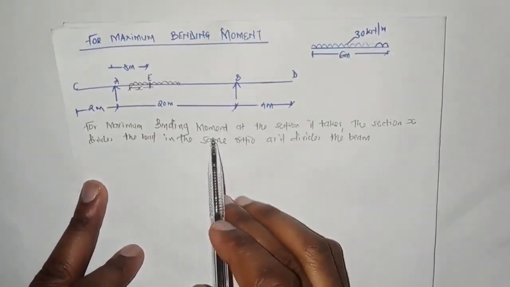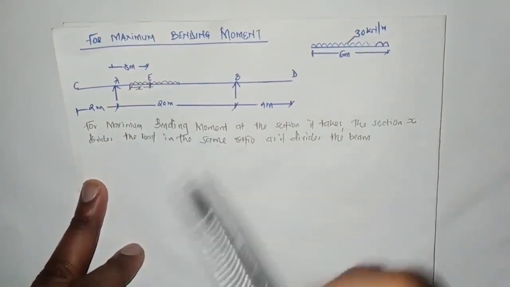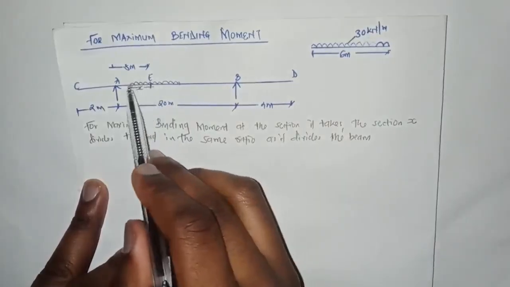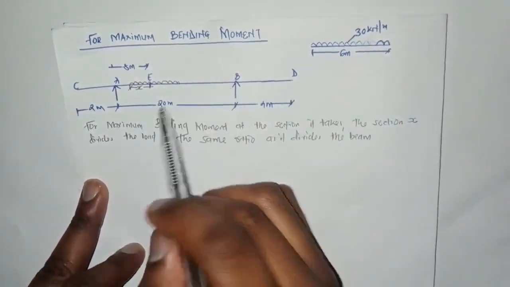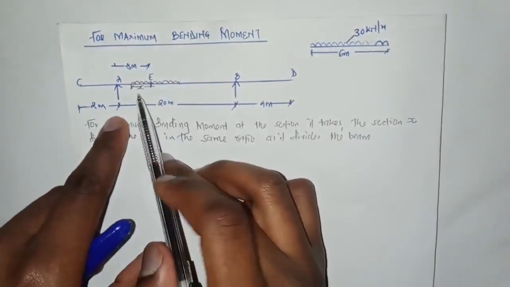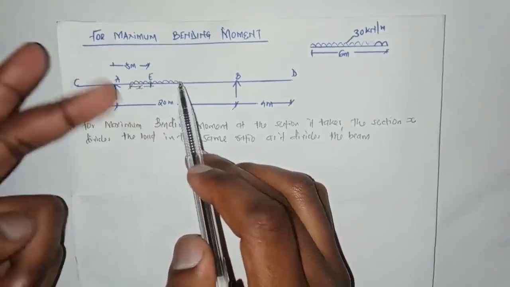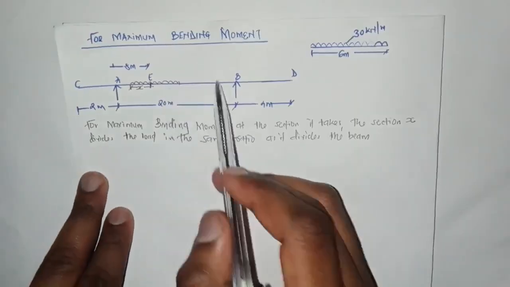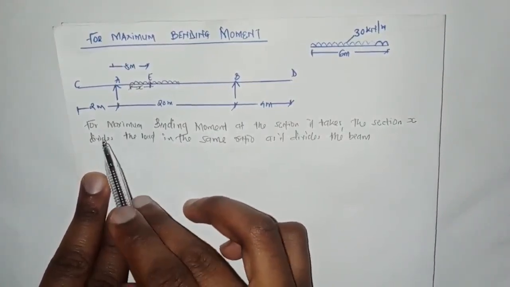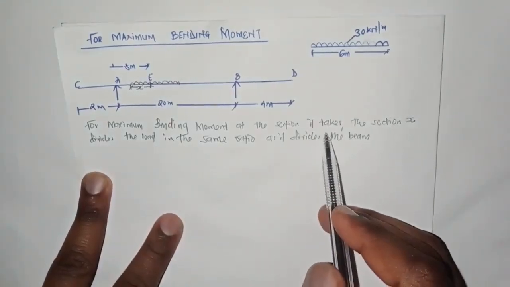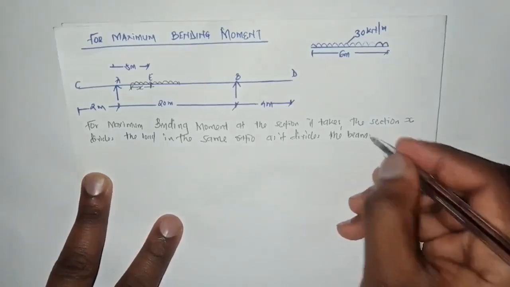So this is what I'm saying. For our maximum bending moment at this section E, it takes the section X, because we have placed the UDL on the span at point E. Because our UDL is not longer than the span, we must determine this point X so that we know how our UDL has divided our support from A to B. For maximum bending moment at a section, the section X divides the load in the same ratio as it divides the beam.